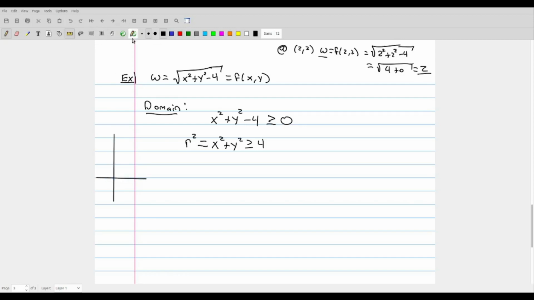For any point x, y, you'll hopefully remember from Calc 3 that r is the distance from the origin. I'm just drawing a picture to show this.